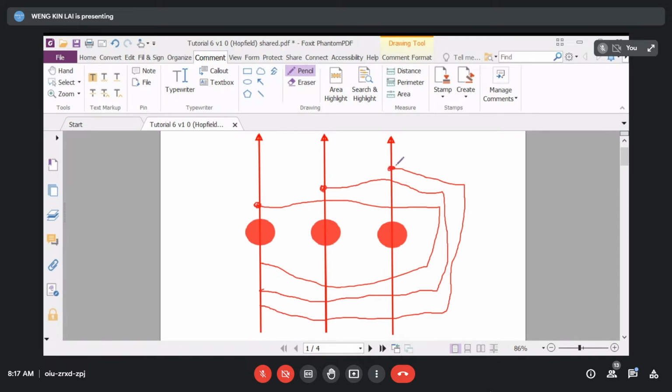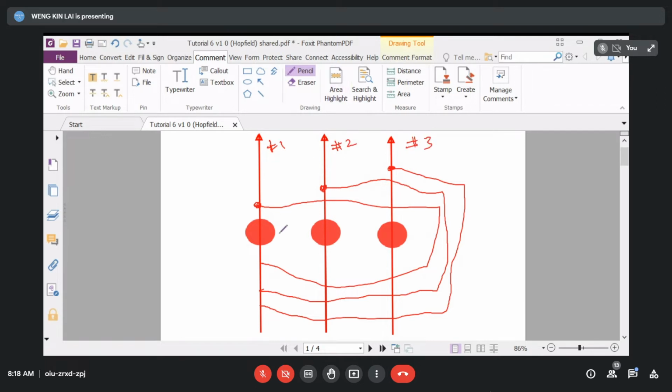Right? So again, in the exams, if such a thing comes up, when you draw, pay attention to such things. Make sure it shows that it's connected. Then you have this. So let's call this neuron 1, neuron 2, and neuron 3, or output 3.